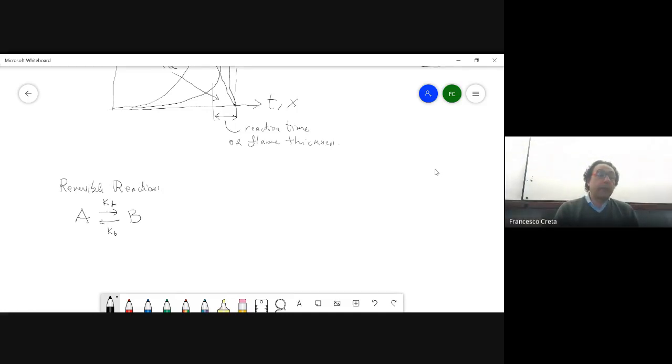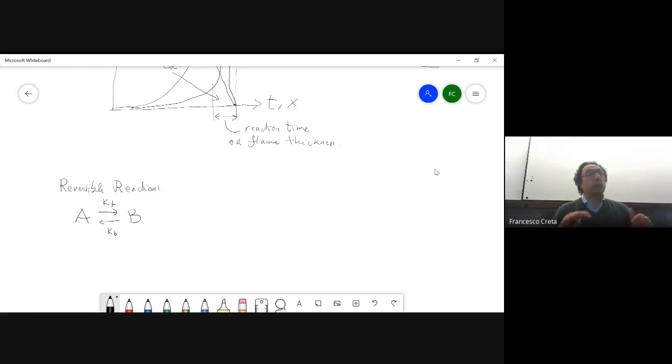The interest in analyzing these systems is that I'd like to see whether there is a link with equilibrium. We've seen that there is a link with equilibrium, obviously, and the fact that if Kf and Kb is one bigger than the other, the shift of the equilibrium will be to the right or to the left.